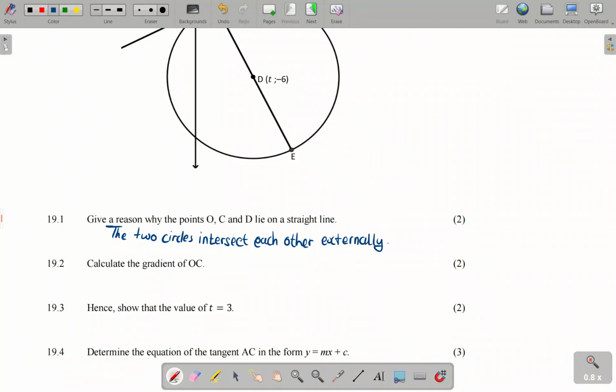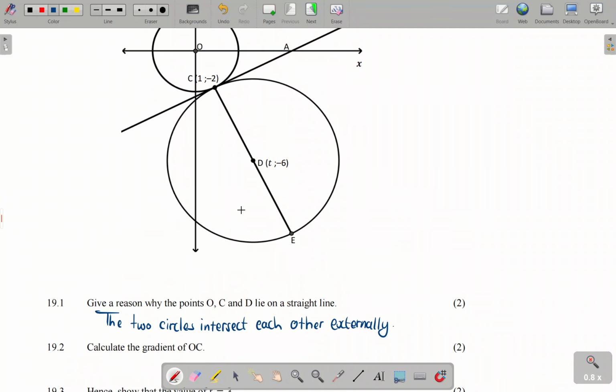So whenever you have two circles that intersect each other externally, you have that case there.